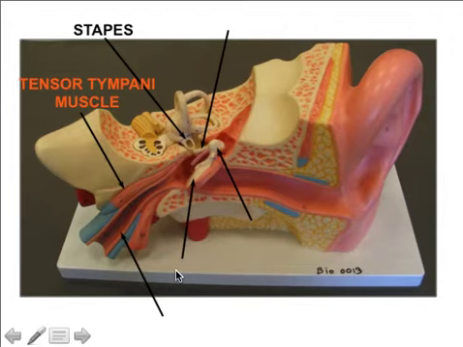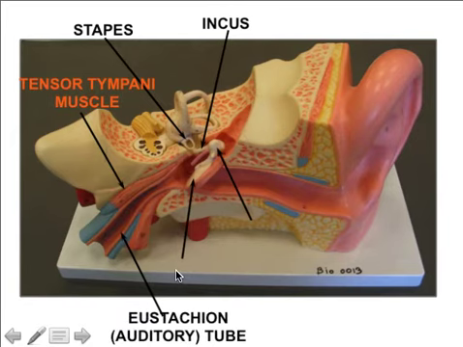The stapes is the most medial bone of the middle ear, and it rests right on top of the oval window of the cochlea. This is the incus, and this is the eustachian tube, which connects the middle ear to the throat via the nasopharynx. And this is present in order to regulate pressure in the middle ear with the pressure in the external acoustic meatus, so that the eardrum isn't either sucked back against the ossicles or protruding outward from the ossicles as a result of pressure problems.